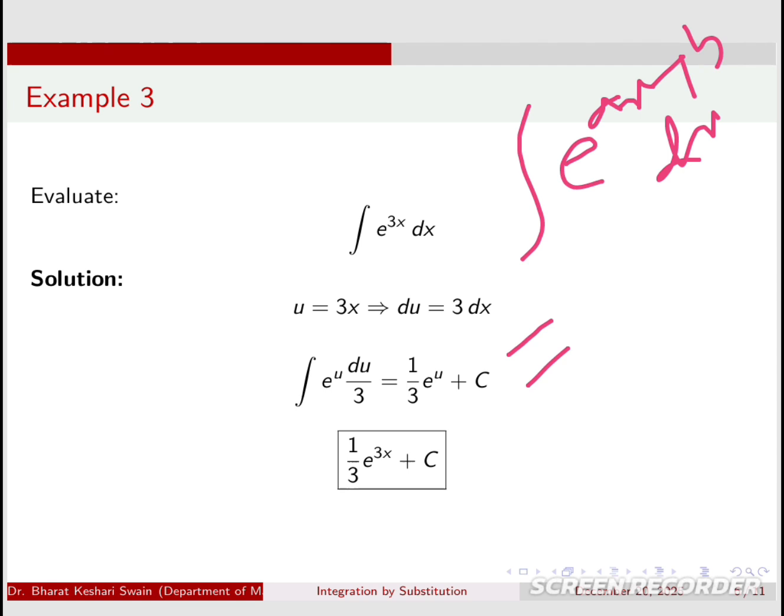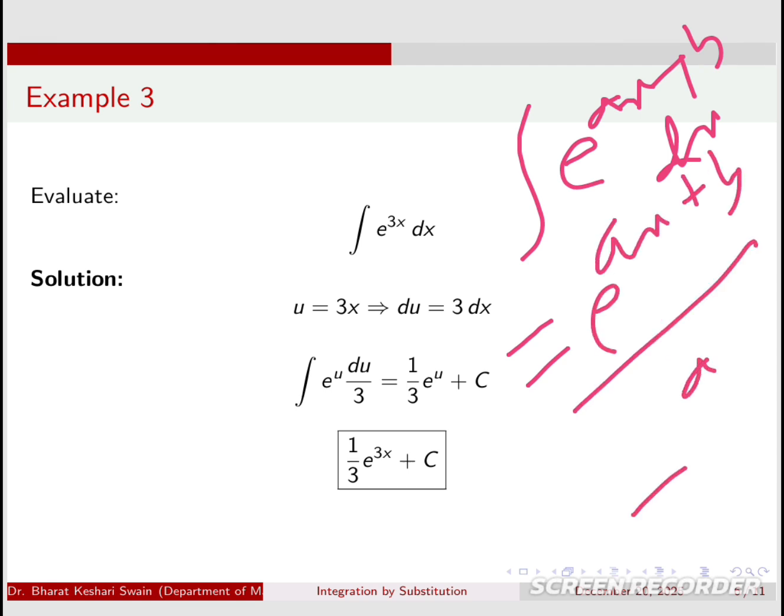This will be e to the power ax plus b divided by a plus c, because a is multiplied with x here, therefore we have to divide by a. This is one of the formulas we can remember, because the result says the same thing: here in e to the power 3x, 3 is multiplied and we got 3 divided.